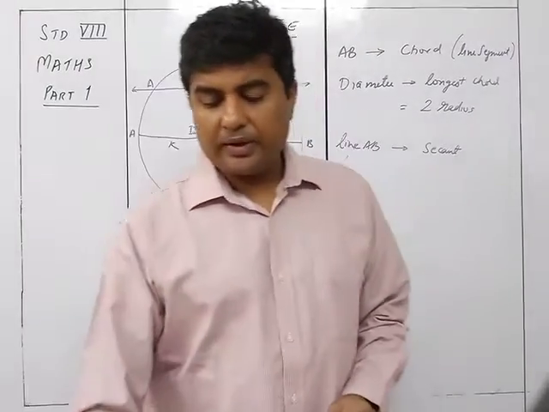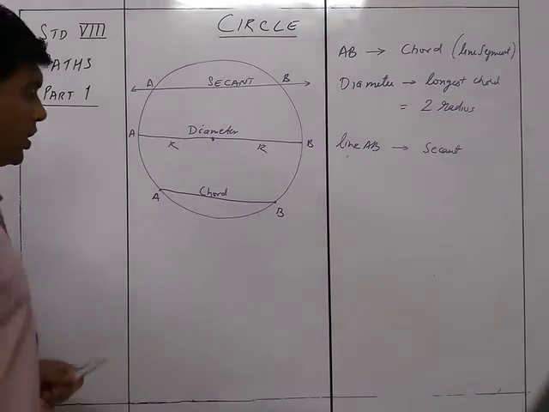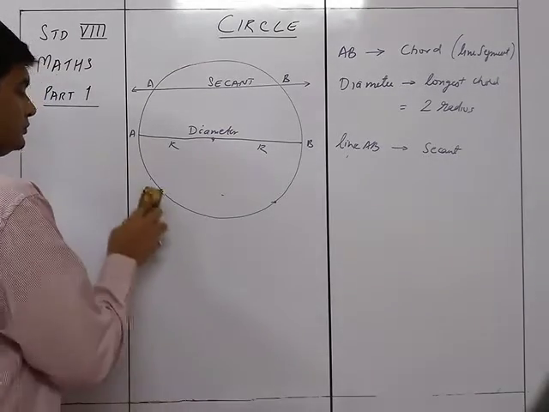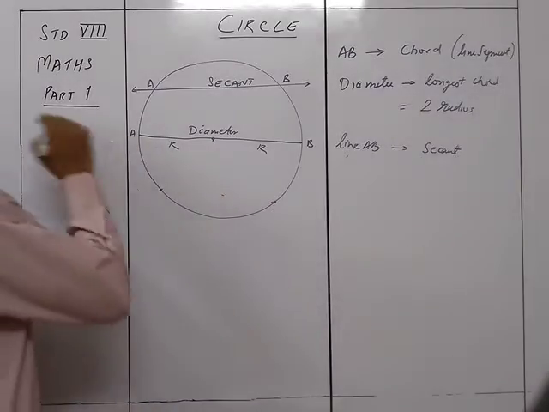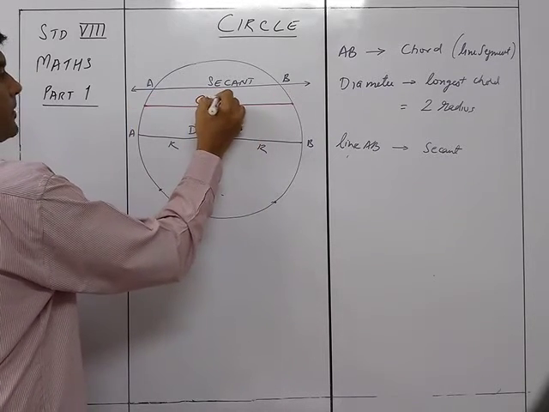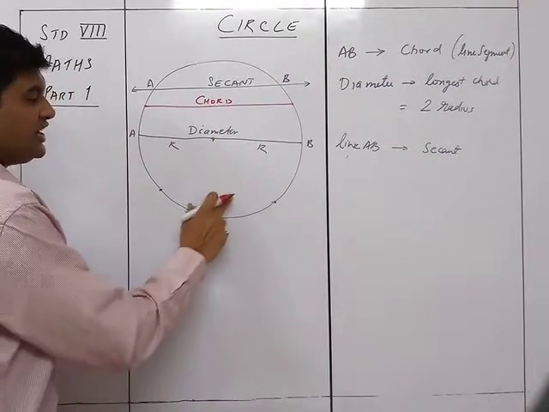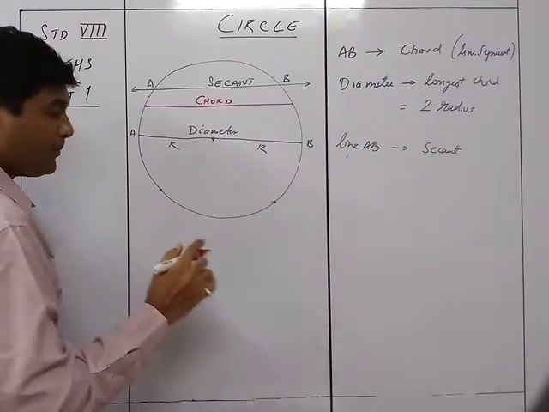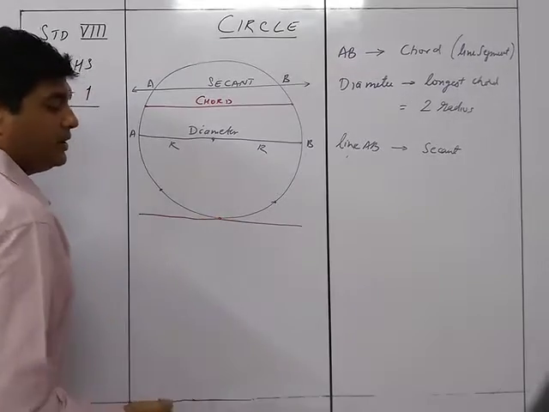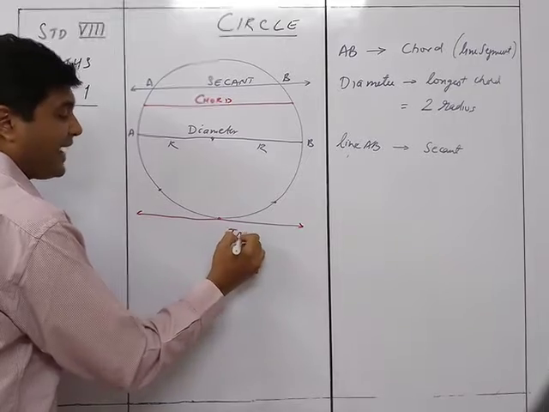We see one more thing over here, and that is called a tangent. Now if I draw, okay, I'll just erase this part. I'll draw it here. This is the chord. Now if there is a line which is touching the circle at only one point over here, then such a line is called a tangent.